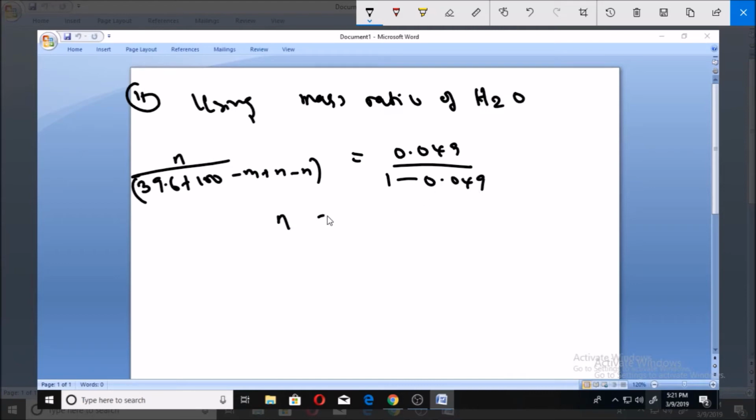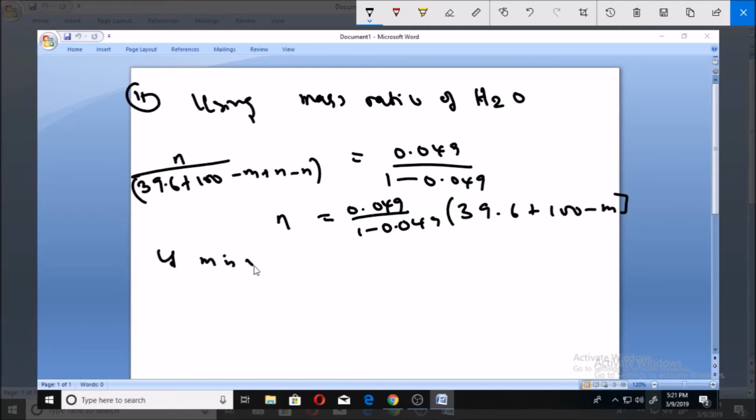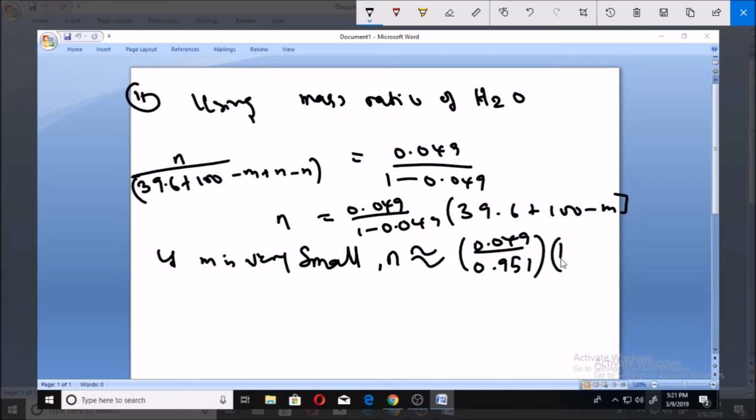So if you make N the subject, you have 0.049 all over 1 minus 0.049 times 39.6 plus 100 minus M. So if M is very small, as we assume, that means that N is approximately equal to 0.049 all over 0.951 times 139.6, which is equal to 7.2.